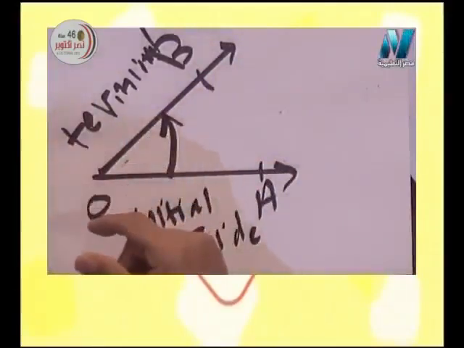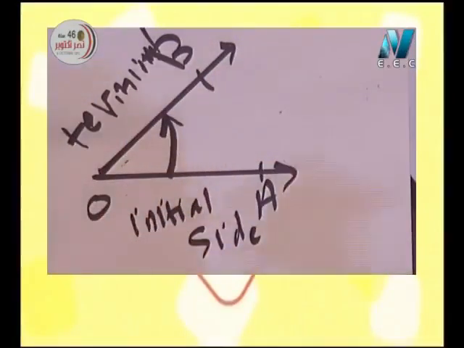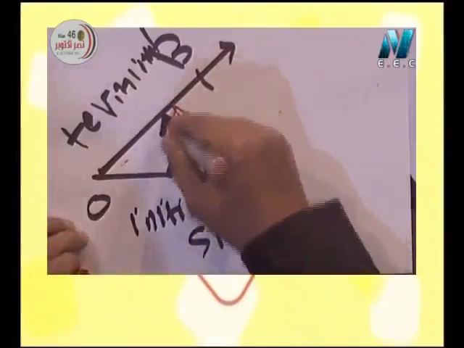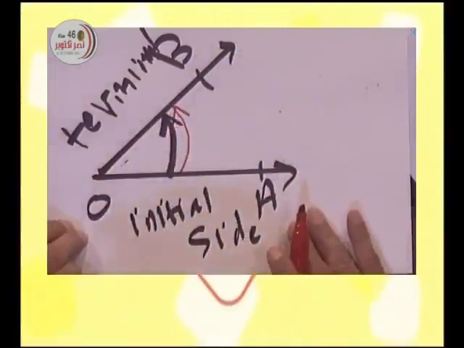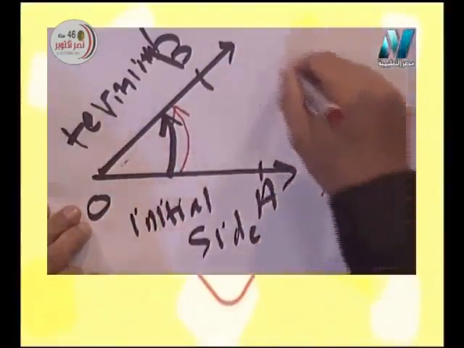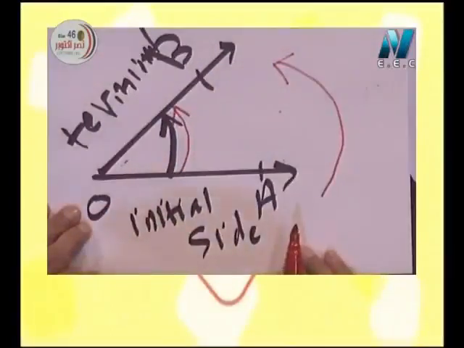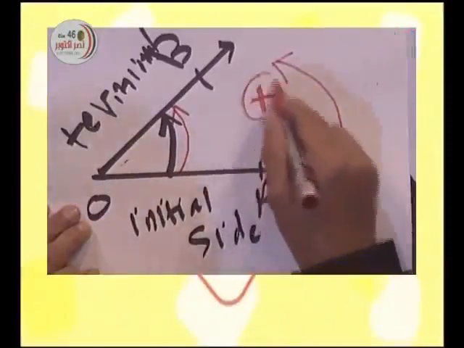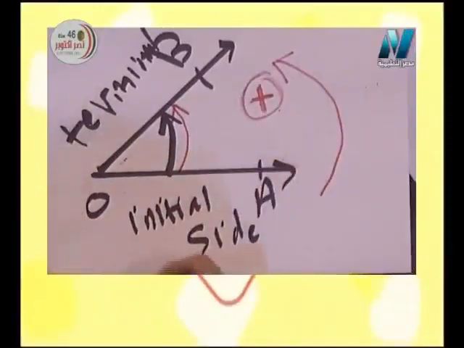The direction here expresses the direction of the directed angle. This angle is measured like that. This direction is called the positive direction because it is the anti-clockwise direction.